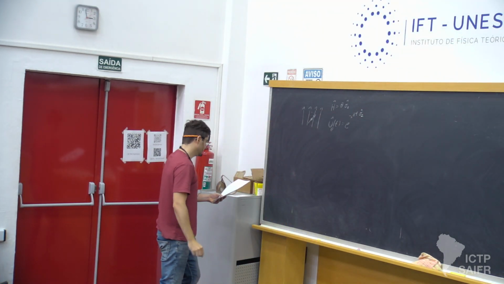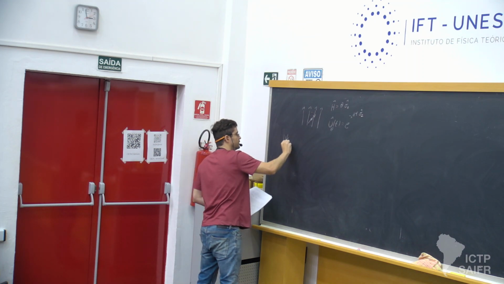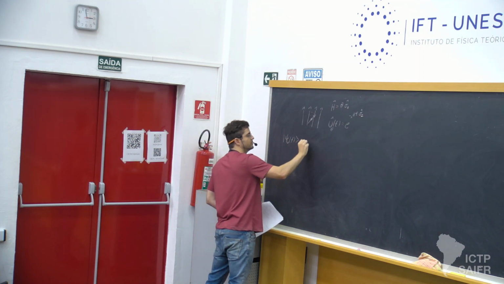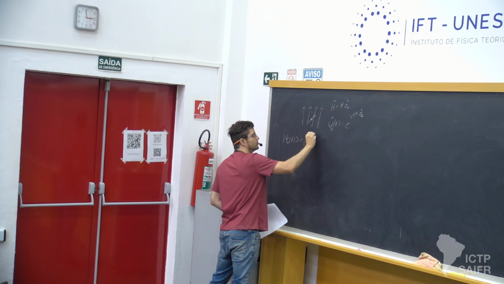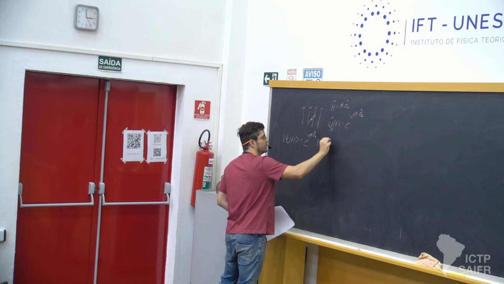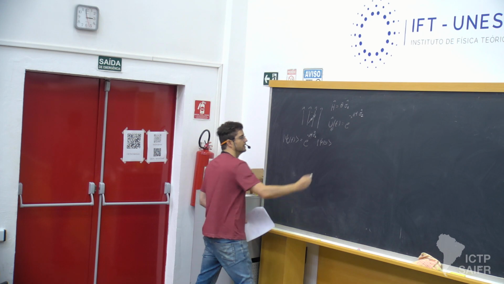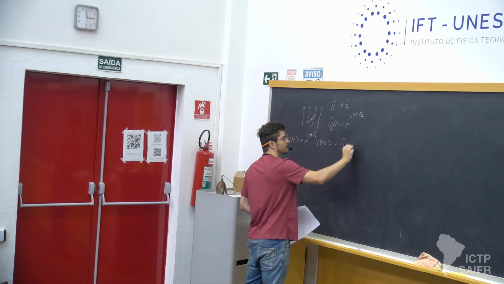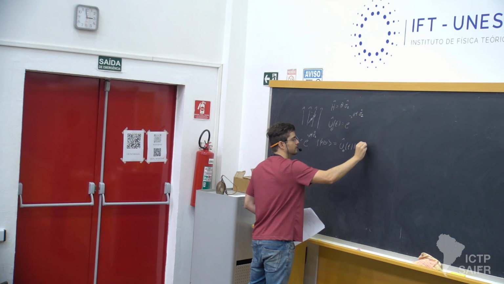So given that I have an initial state, the evolved density matrix is just Schrödinger evolution, exponential of minus i theta t sigma z, acting on my initial state. That is just the unitary operator acting on my initial state.